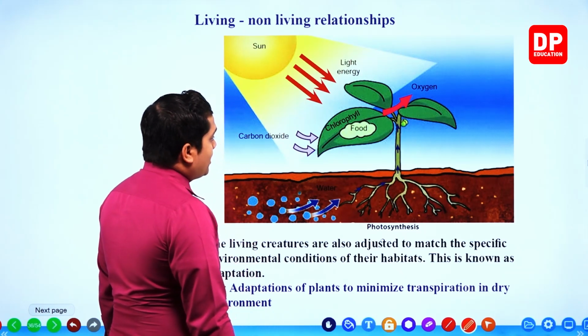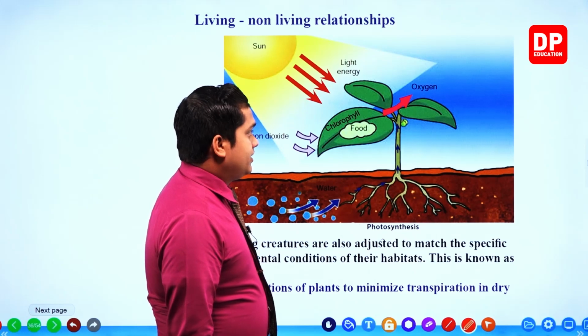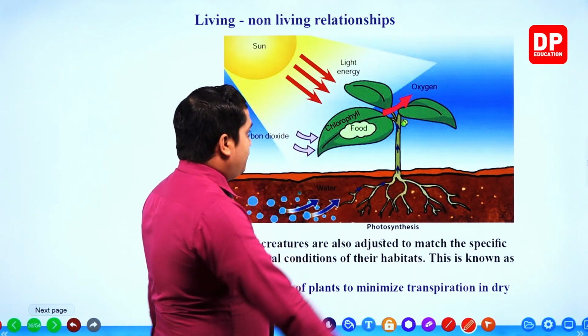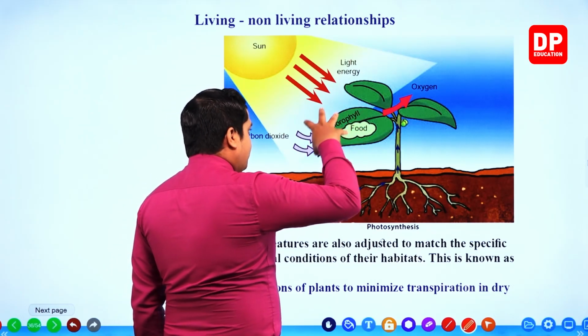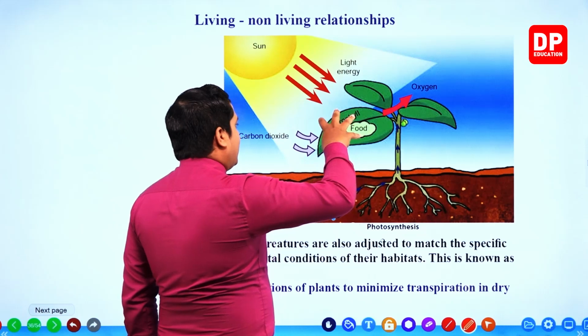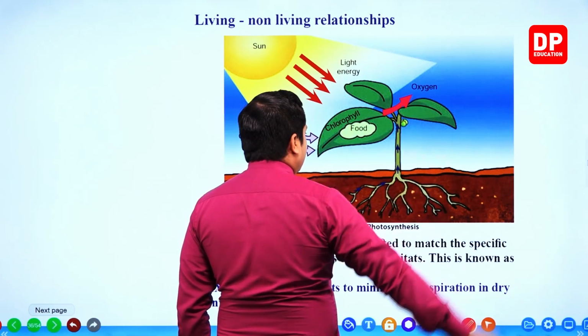When the necessary factors for photosynthesis are met, food is produced within the plant leaf. And as a byproduct, oxygen gas is expelled to the environment.